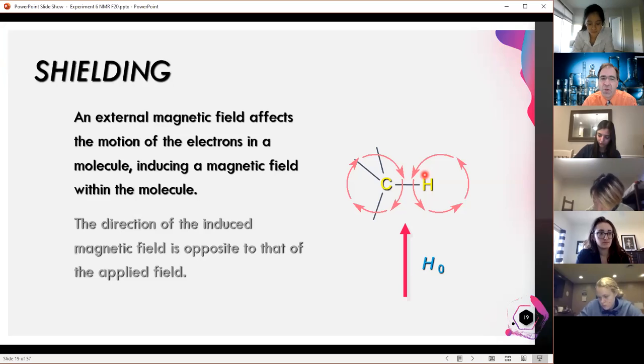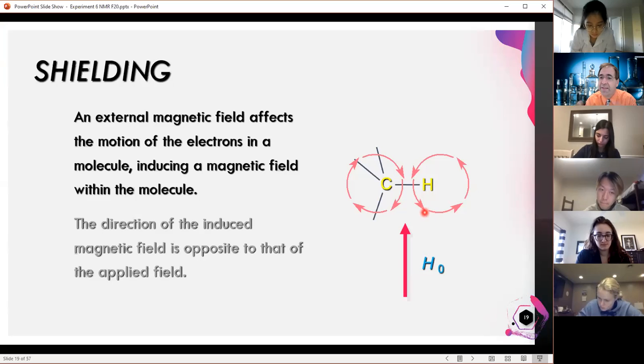And so let's say we put an oxygen on here. An oxygen is going to pull electron density away from the carbon, which is going to pull it away from the hydrogen. That means there are fewer electrons around this hydrogen to oppose the external field. So the amount of this induced field is dependent upon the amount of electrons around it.